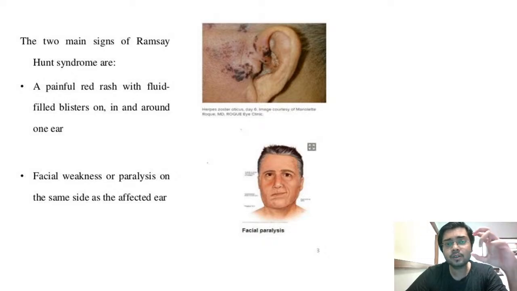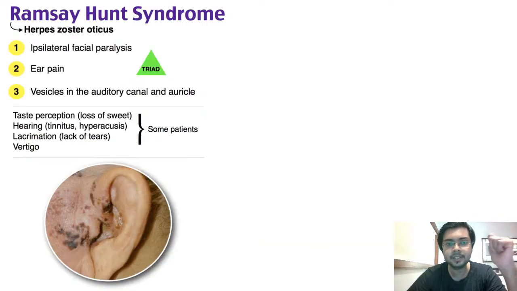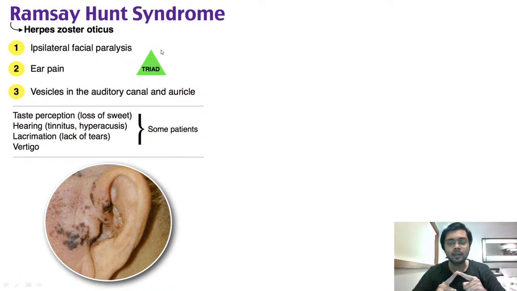So these all point you towards Ramsay-Hunt syndrome, where you get a painful reddish rash with fluid-filled blisters in and around the ears, a very painful condition, and an ipsilateral lower motor neuron palsy. So there is again a triad.